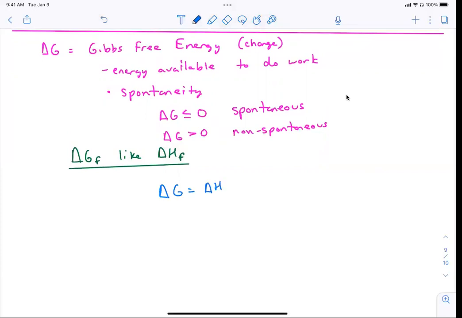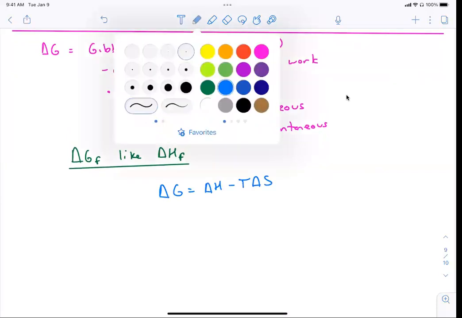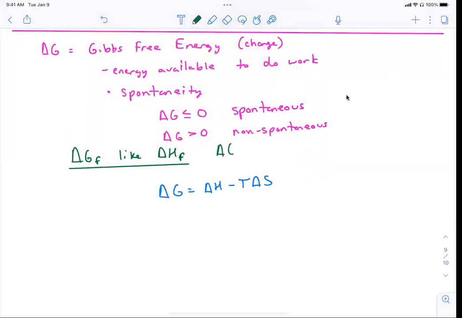Delta Gf you can treat like delta Hf, even in the fact that delta G of elements is 0 as well. I guess I should jot that down. Delta G of formation of elements is equal to 0, just like delta H. But entropy is never 0.